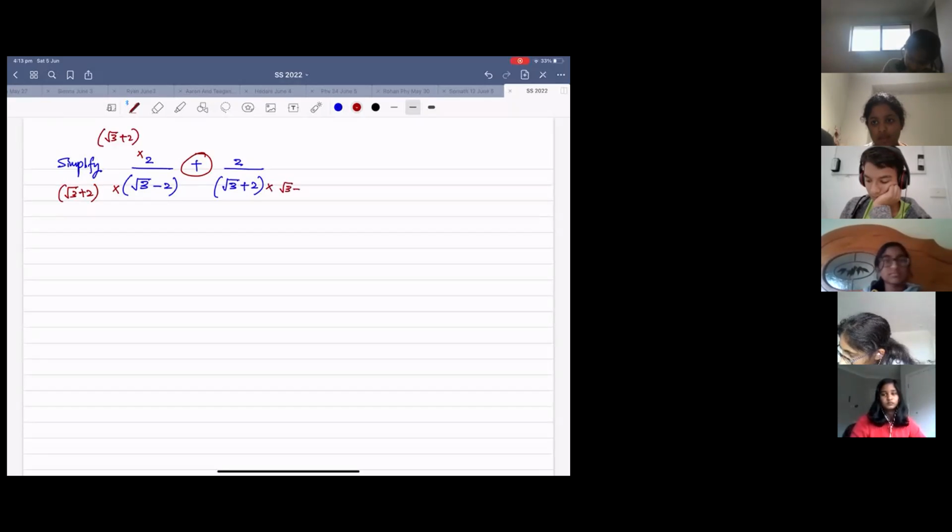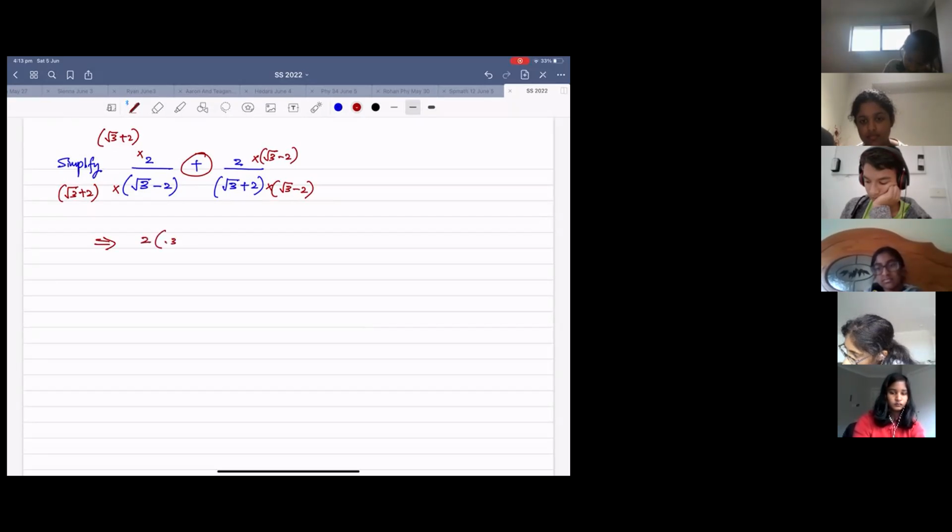Here, square root 3 minus 2. Then on top you get 2 times square root 3 plus 2. Denominator, you can see the difference of square here. Difference of square means x squared minus y squared.